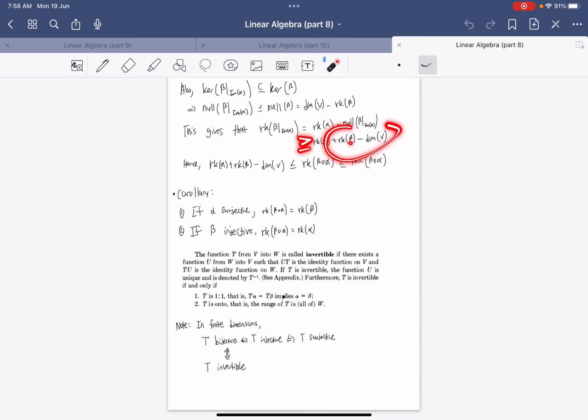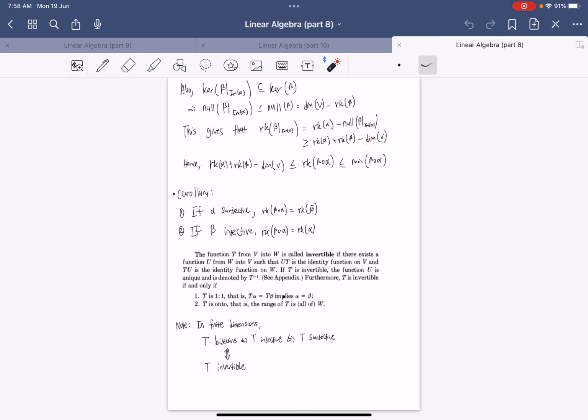So this shows that the rank of alpha plus the rank of beta minus the dimension of V is less than or equal to the rank of beta composed with alpha, which is less than or equal to the minimum of the rank of alpha and the rank of beta.